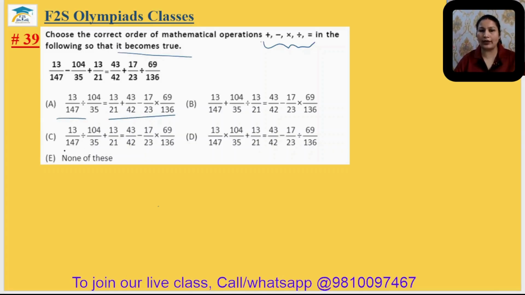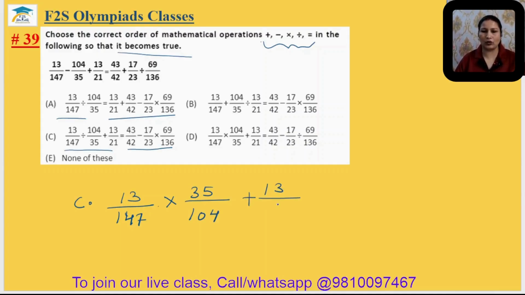So you can find the LHS of the option number C is equal to, I am proving it here also, option C, 13 upon 147 multiplied by 35 upon 104 plus 13 upon 21. So 13 8s are 104 and 7 5s are 35, 7 2s are 14, 7 1s are 7.